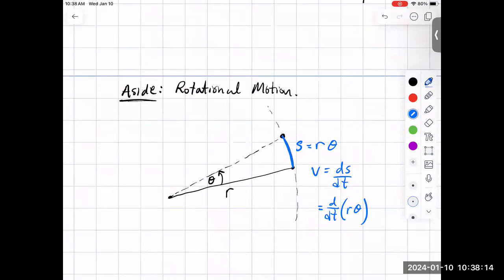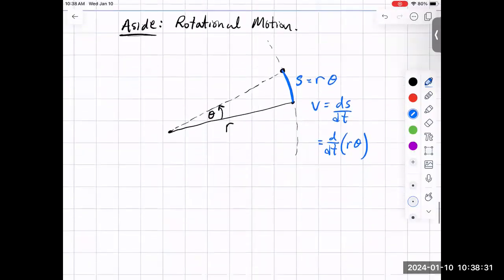Is r changing when I move along my circular arc? It's not, right? If I'm moving in a circle, then the distance from the center is always the same. It's always just the radius r. And so r is a constant for circular motion.